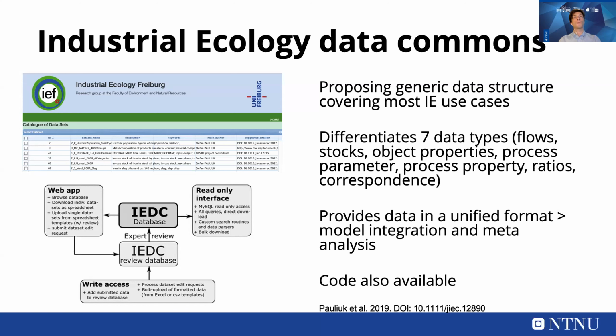We also put a lot of effort into how to encode data, how we can make data useful, especially in the context of industrial ecology. So we found a method to differentiate the data into 7 different data types: flow, stock, object properties, process parameters, and so on, where you could basically represent all of the data.